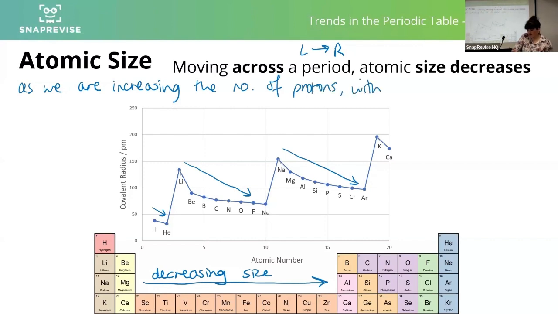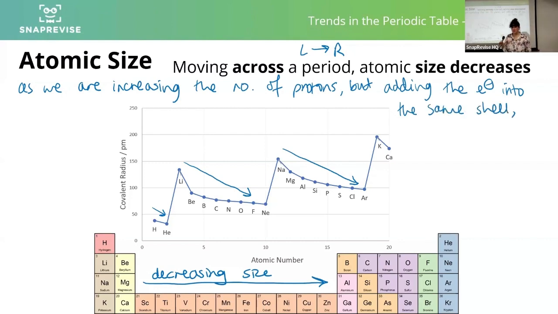But we are adding the electrons into the same shell. If we're adding the electrons into the same shell, adding the electron into the same shell as previously, I'm going to write there, the same shell.